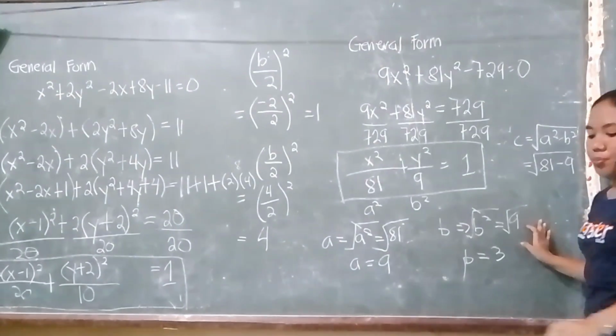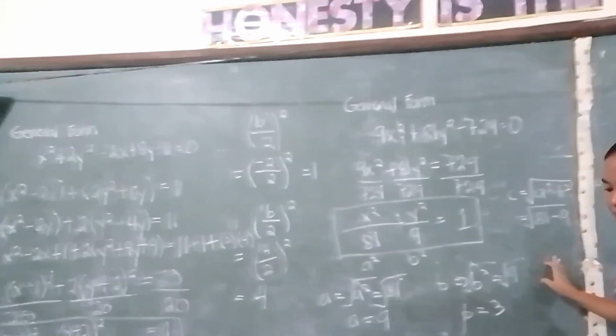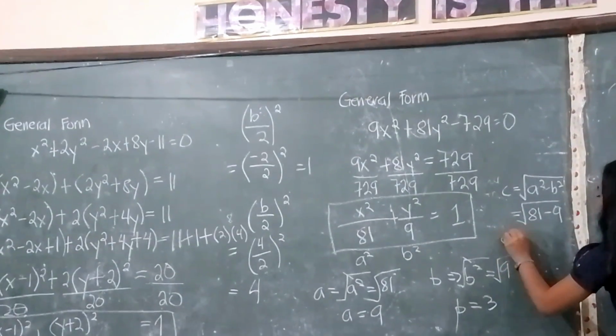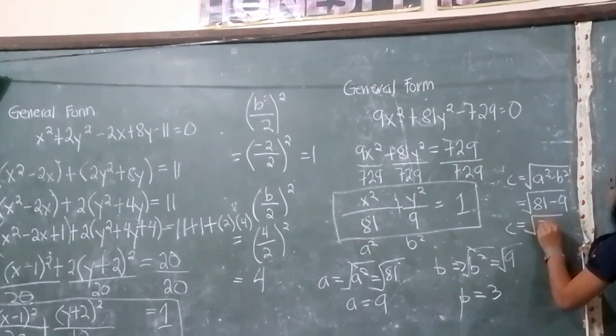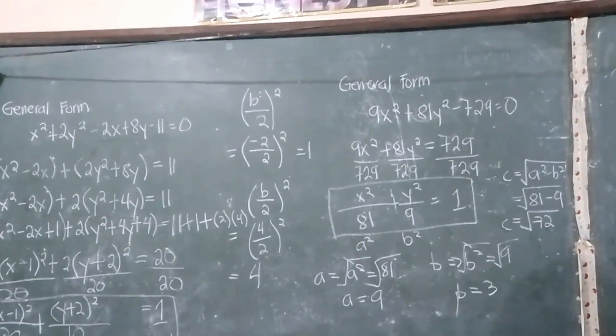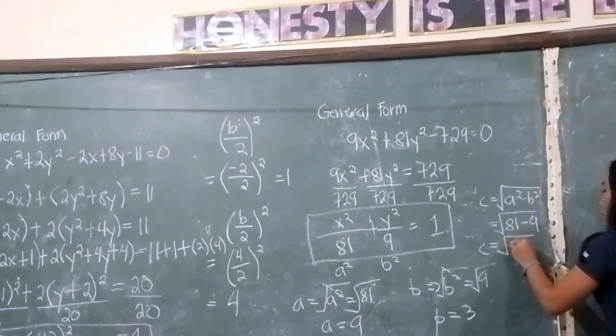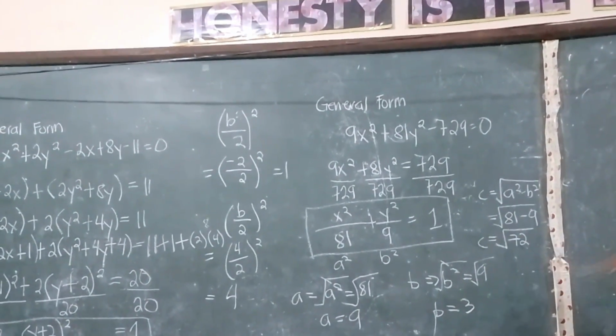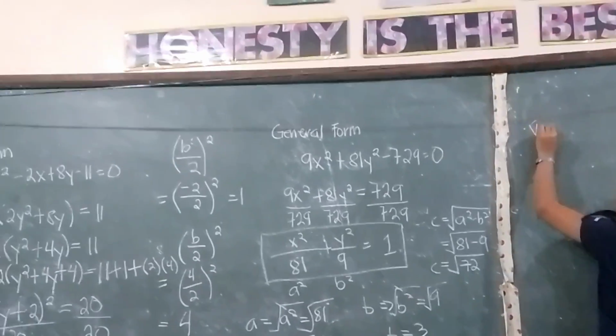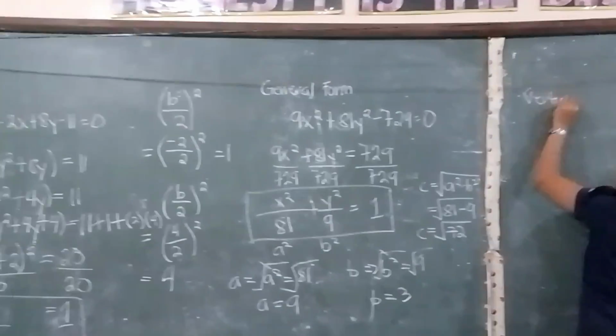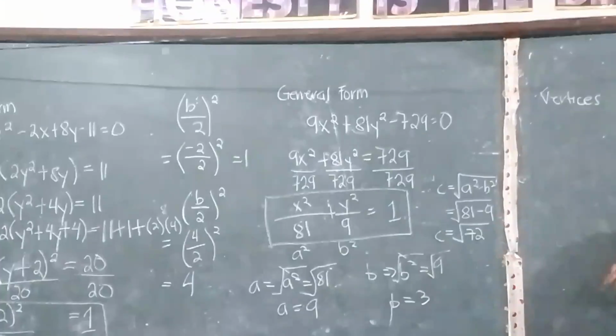So our c is equal to the square root of 72. And from this given value, or from our solutions, let us define our vertices, the co-vertices, and the foci so that we can plot it in a graph.